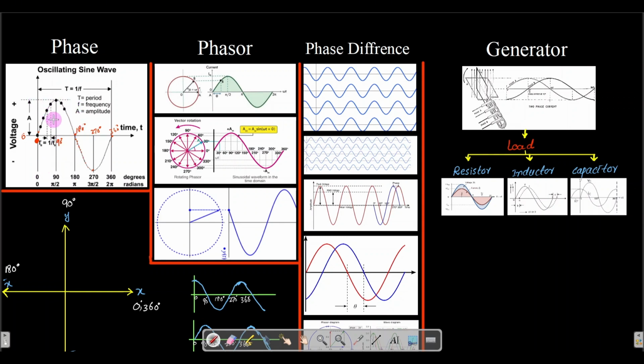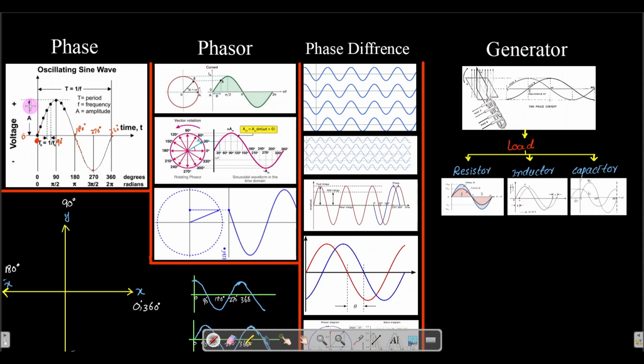So here the phase means that for each degree, the increase in amplitude of the alternating quantity from this mean position, we call that a phase. Okay, so this is actually a phase diagram. In the phase diagram we have one complete cycle. In that one complete cycle we have 360 degrees, and for each degree we have the amplitude for the alternating voltage.